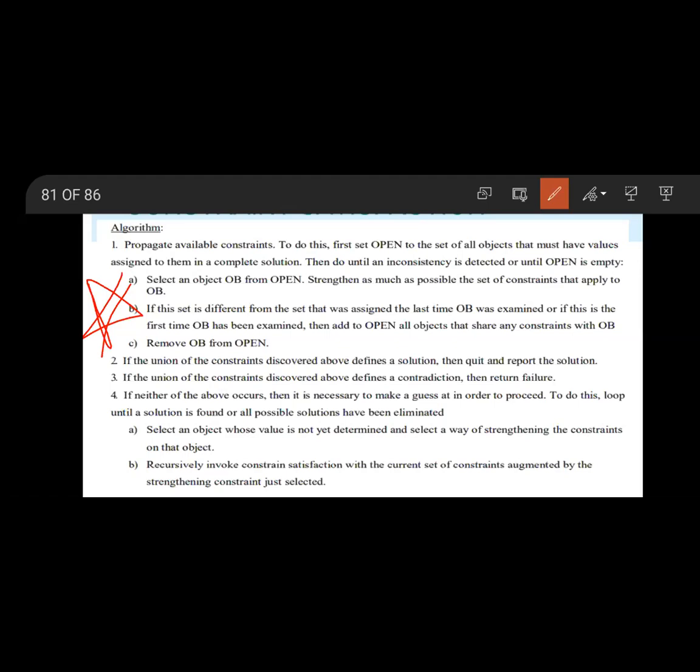First set open to the set of all objects that must have values assigned to them in a complete solution.